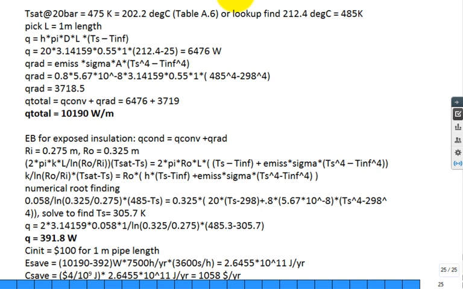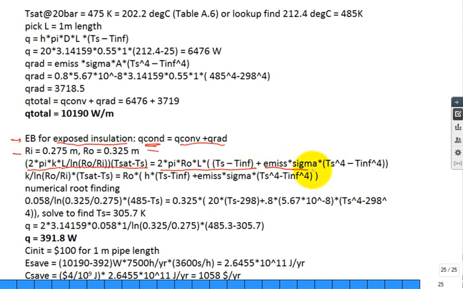So again, here's my write-up for it. Energy balance for the exposed insulation. So I have conduction coming in from the interior. I have convection and radiation going out. That's my radius inside, radius outside of the insulation. Here's my 2 pi KL divided by natural log, Tsat minus Ts. That's the conduction. I have the 2 pi R naught L, then that's going to be my convection.